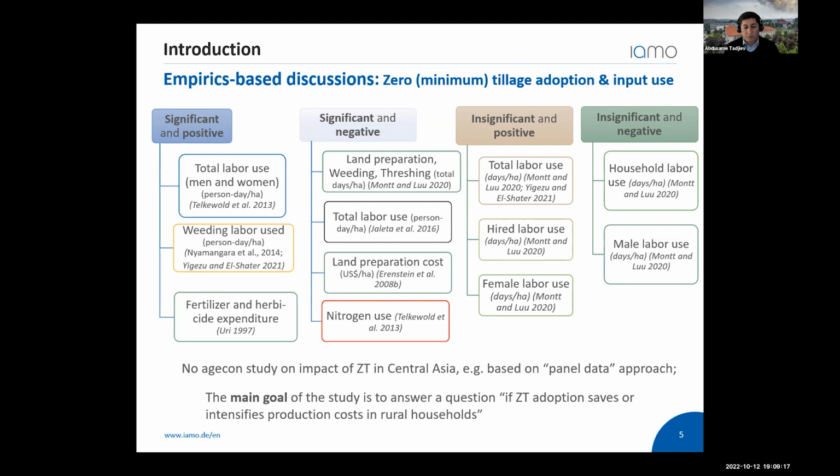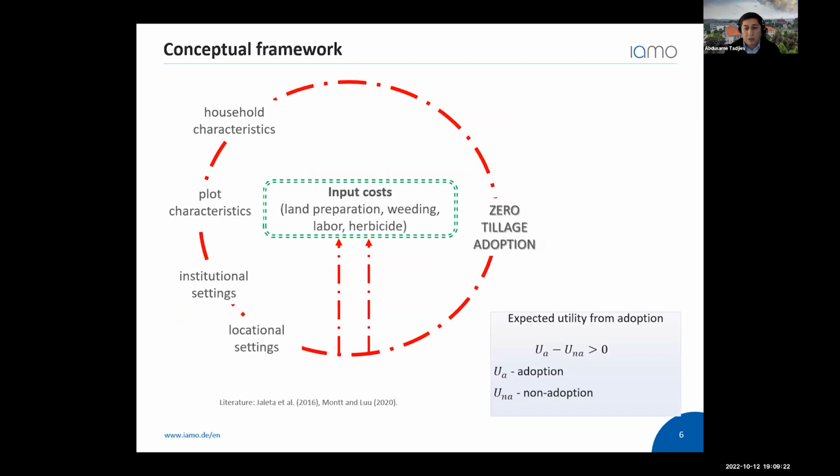To achieve our goal, we conceptualize that households may adopt zero tillage methods if their expected utility is higher than non-adoption.